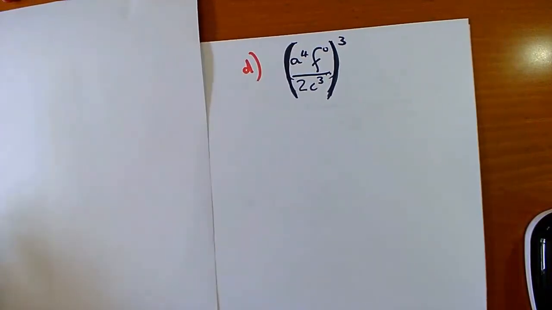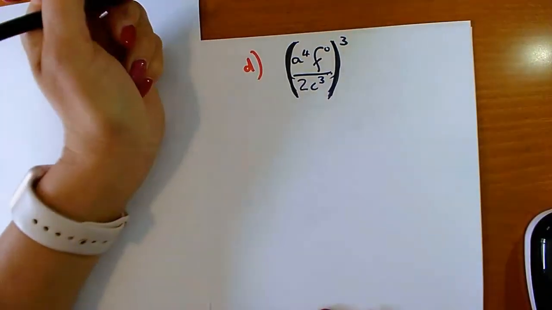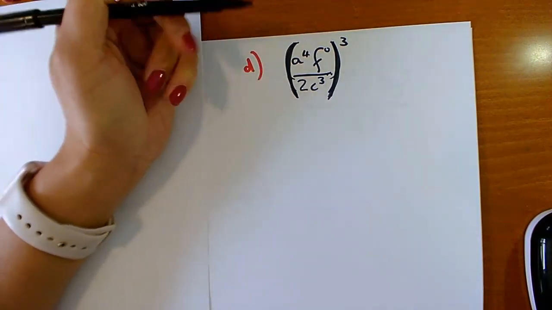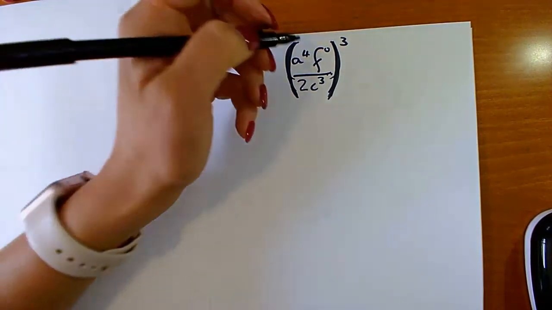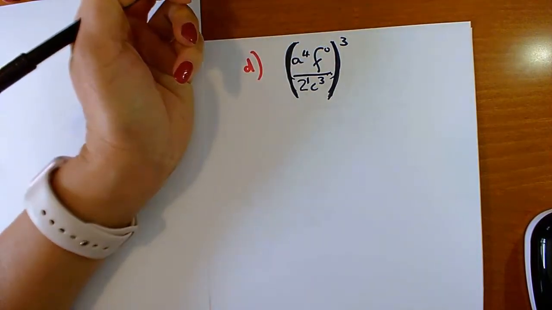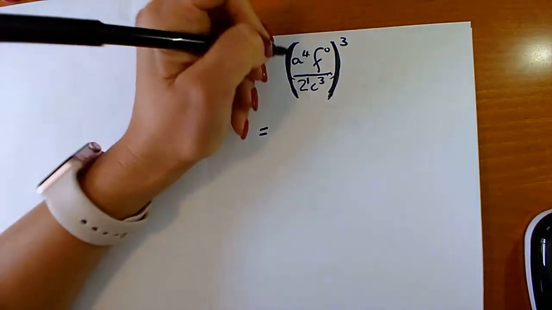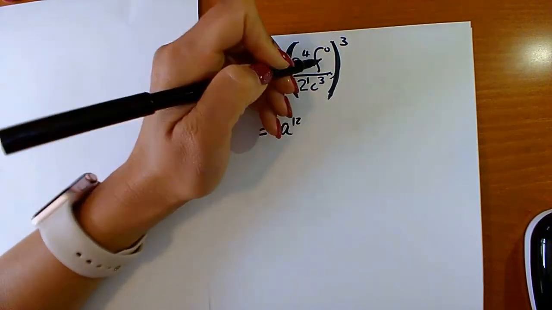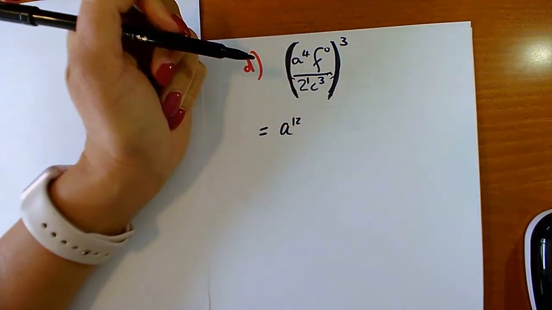Last example for you is this one. So again, I'm bringing in some of the other laws that you have seen before. So this needs a power, and then we connect it all. So a, 4 times 3 is 12. f to the power of 0, remember what that is?